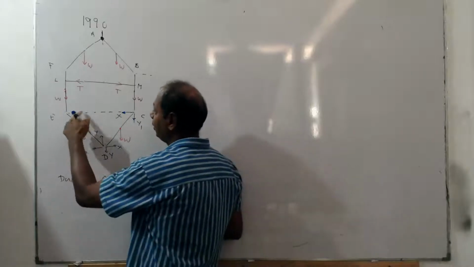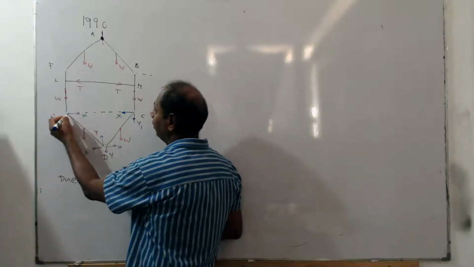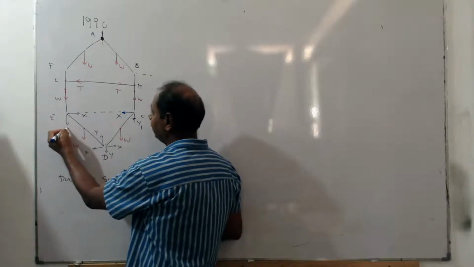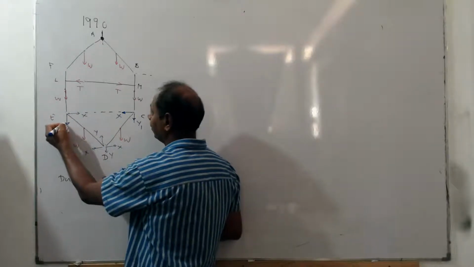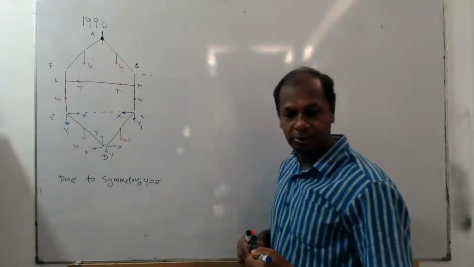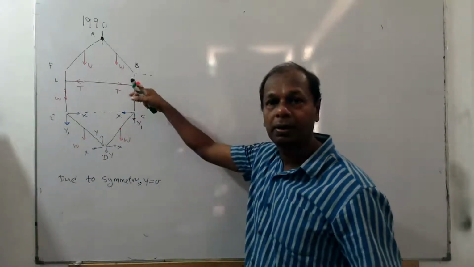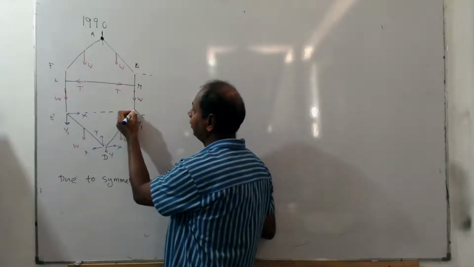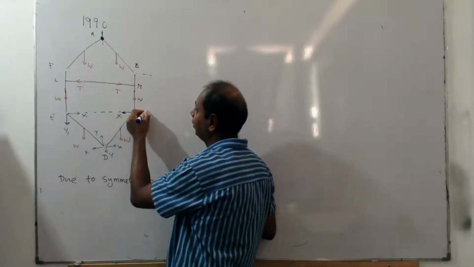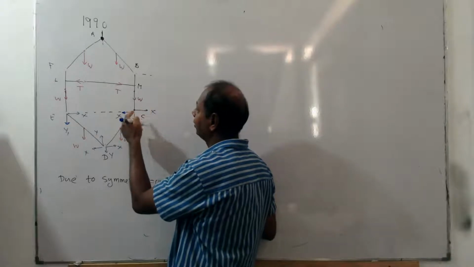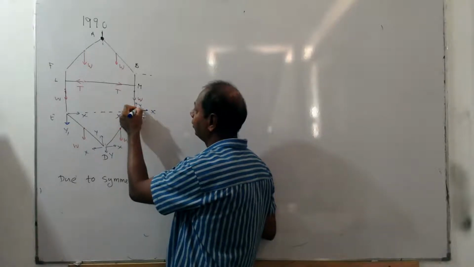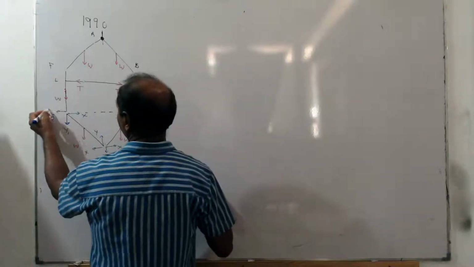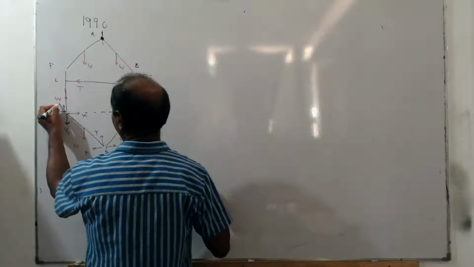Due to symmetry here also it has to be the same x in opposite direction, and y1. On the other rod, it's the same x and same y1, but going upwards. Here also x and y1.